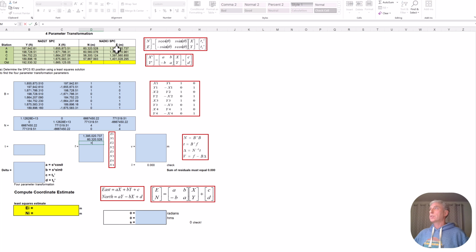And my third cell equals E2, and my fourth cell equals N2. And I just keep going. It shouldn't take but a second, just building my F matrix so I can use it. There we go.